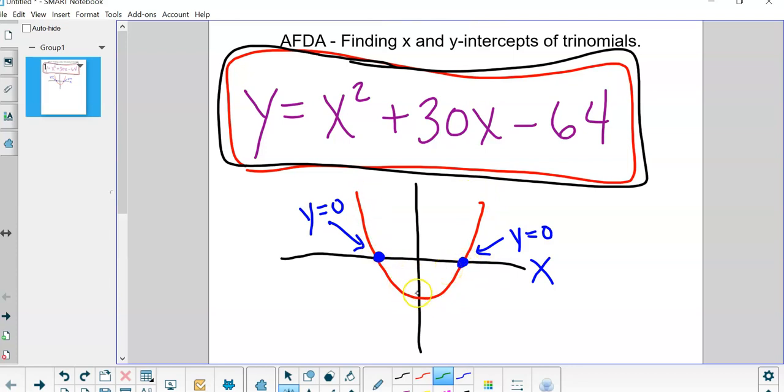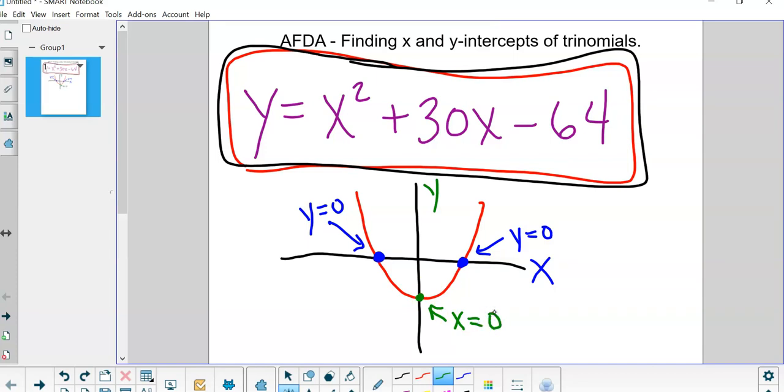Now the y-intercept occurs down here at usually the lowest point, although it's not always the lowest point, but it's the spot where the graph crosses the y-axis. So what do we know about the x value at the y-intercept? Well, we know that x has to be equal to 0.